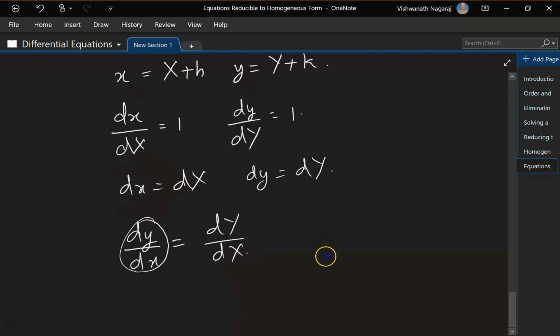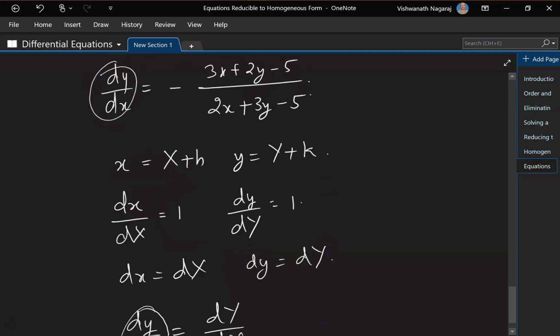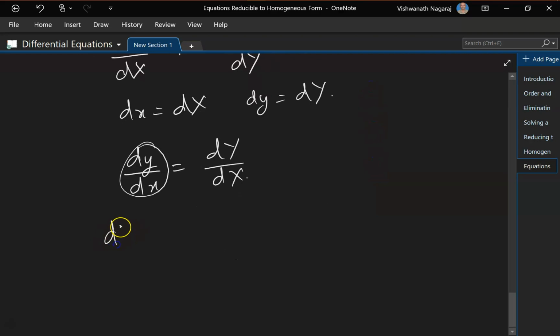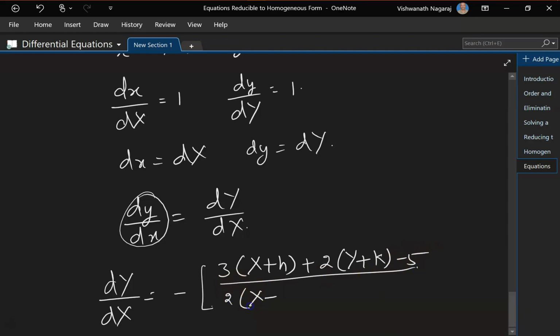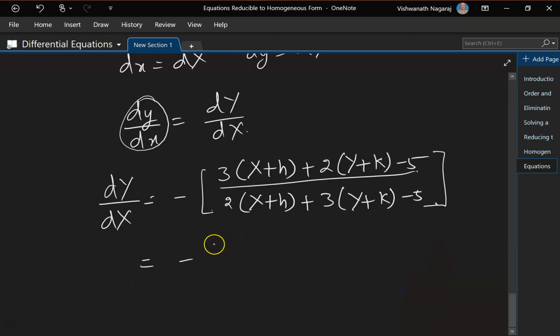Now here this and this are same, so let's combine them. dY by dX is equal to minus (3(X + h) + 2(Y + k) - 5) divided by (2(X + h) + 3(Y + k) - 5). Now let's regroup them.